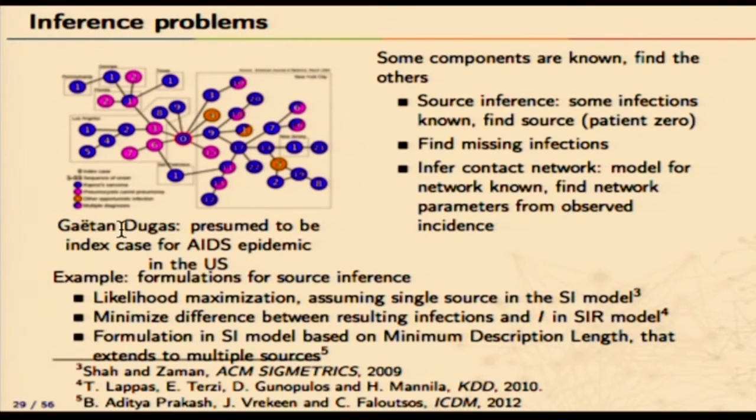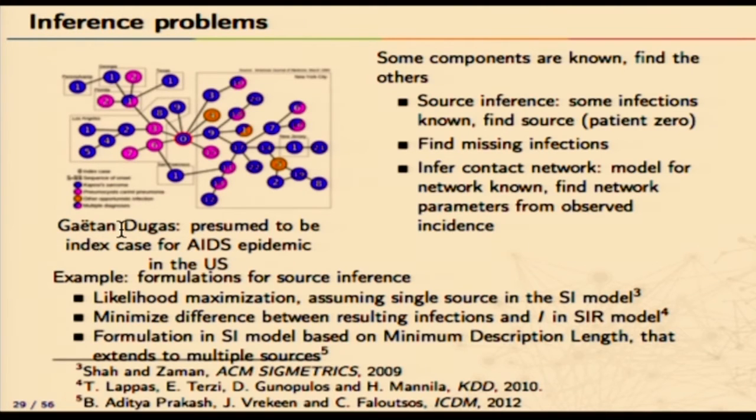One of the basic problems is inference. You know some components of the dynamical system, maybe you know the graph, you know some infections, and you want to figure out other components. One of the most basic problems is source inference. You know some infections, you want to find out the source, where did it start, and that's often referred to as patient zero. This graphic is about the HIV outbreak.